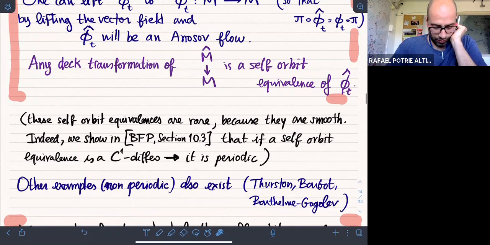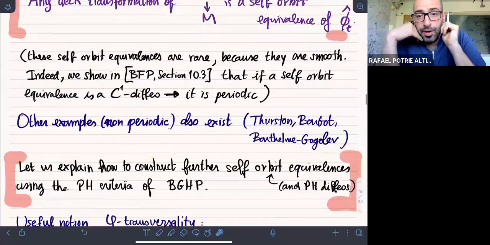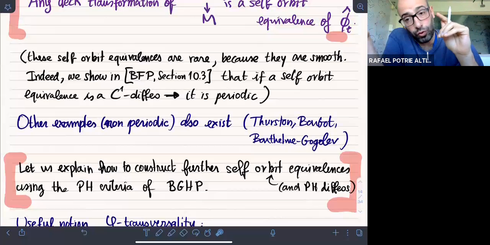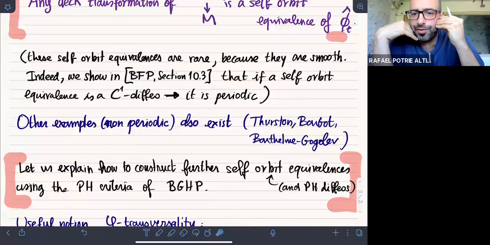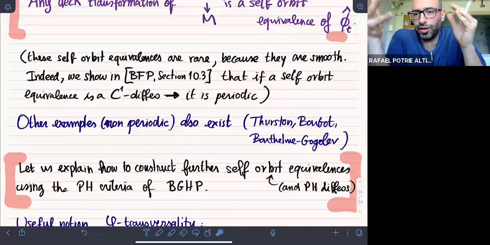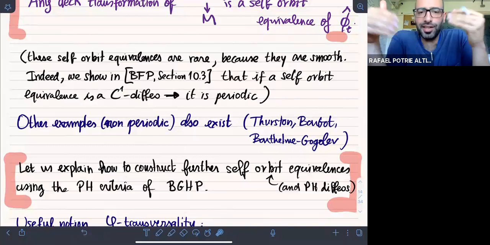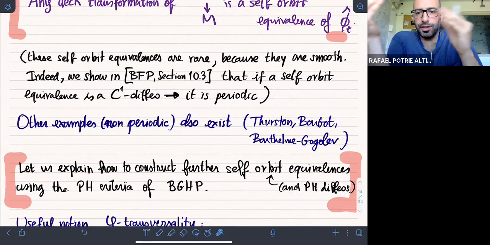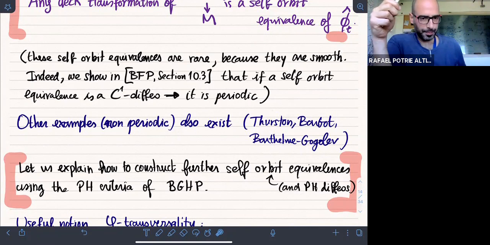So let me tell you that the criteria we gave will allow us, in tomorrow's lecture, to produce new self-orbit equivalences that were not considered before by creating partially hyperbolic systems which were also not known.